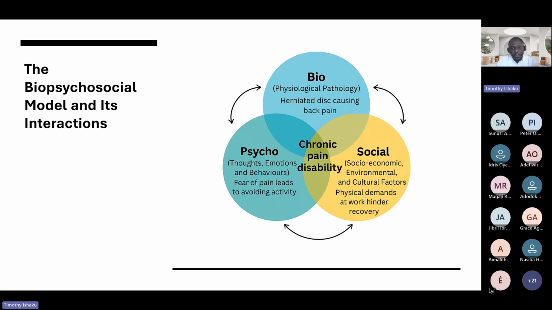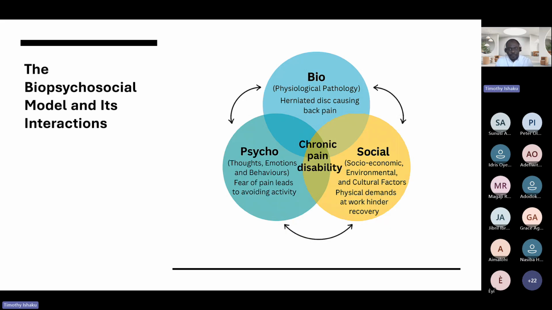This is used not only in physio, but across healthcare settings. And it works by integrating multiple perspectives, rather than the biological derangement we've been talking about.